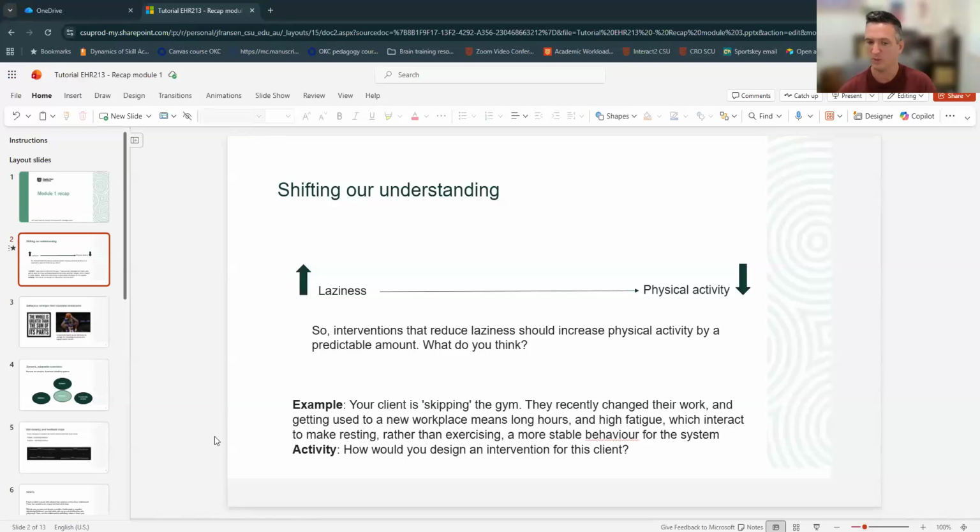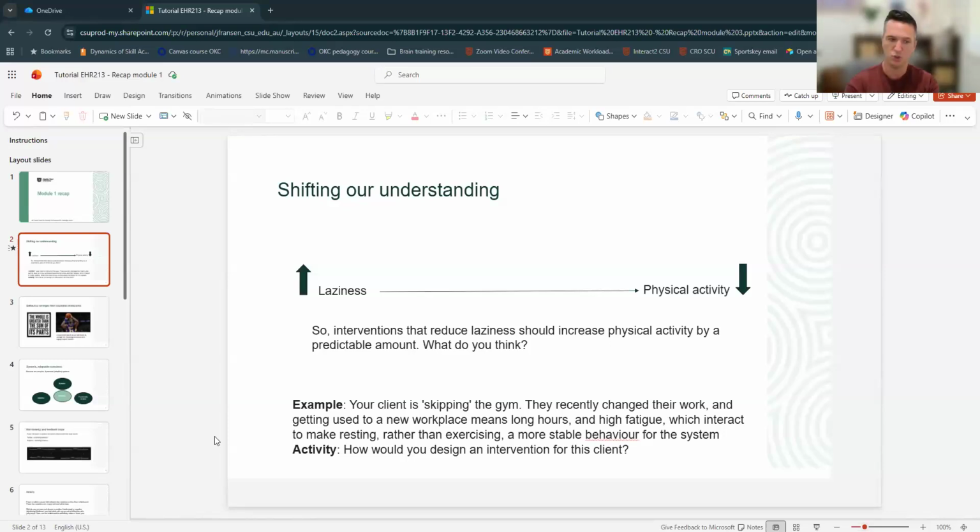Right? So what I want you to do now is I want you to look at this example. I know you don't have the exact answer, and you don't have to have the exact answer. I don't have it either. But I'd like you to think about what an intervention for a client like this would look like once you remove that reductionist and linear thinking from your thought process and you think of it more in the context of a system.